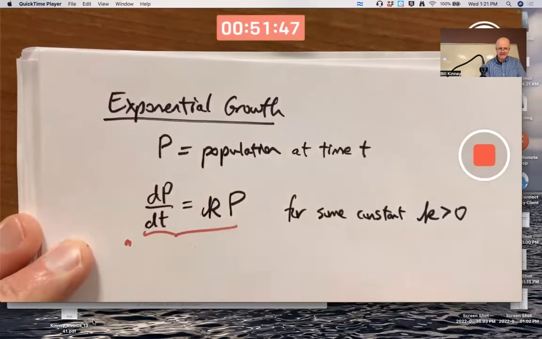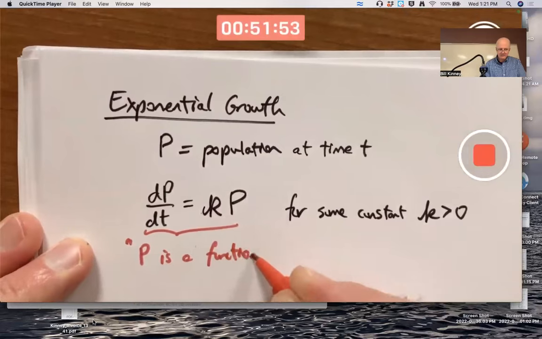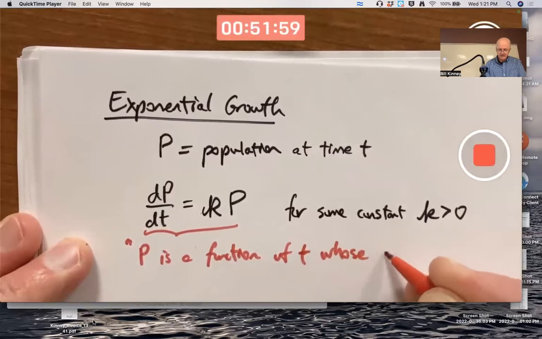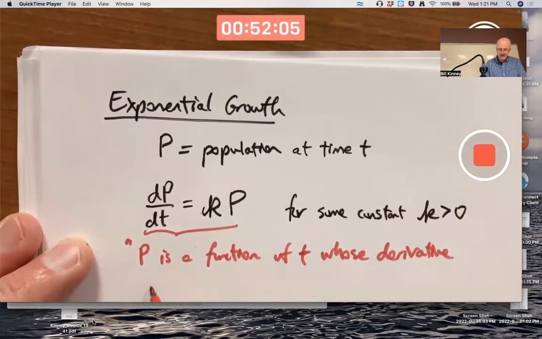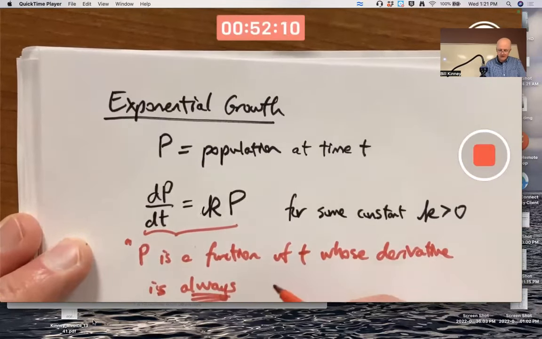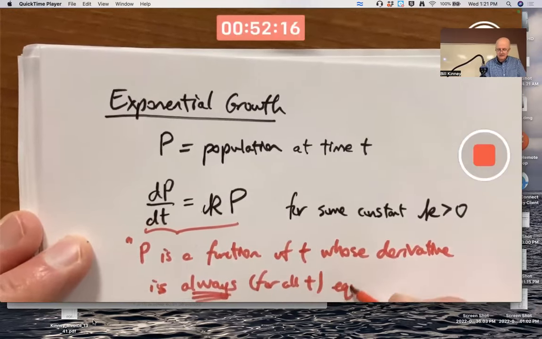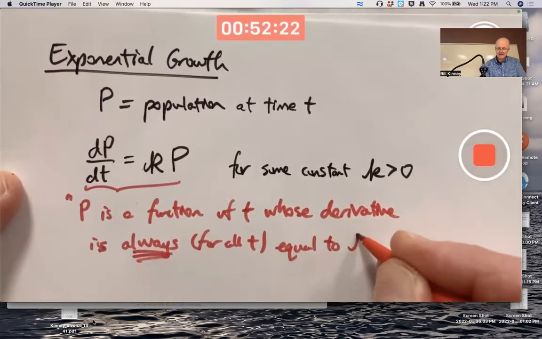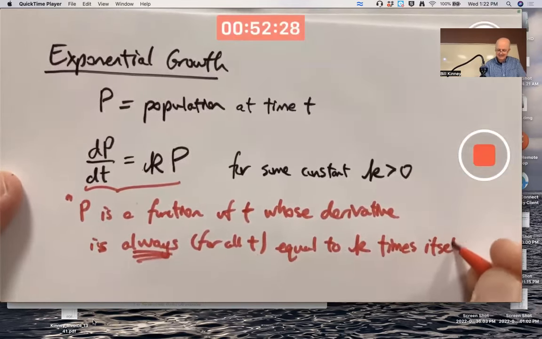This differential equation is saying that P is a function of T whose derivative with respect to T is always, for all T, equal to a constant times itself, equal to K times the function itself.